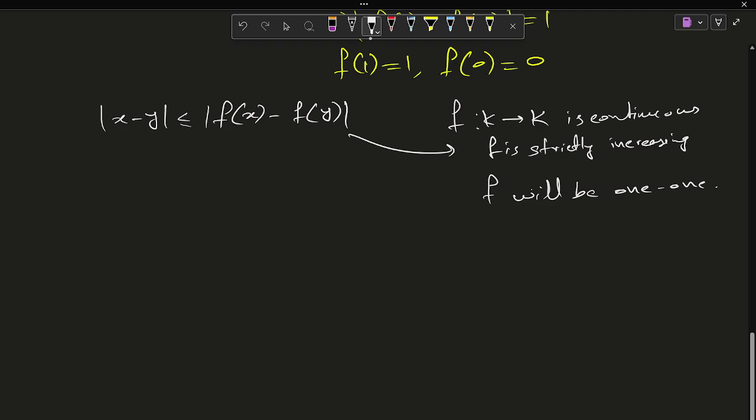So now the inverse, which means the inverse function, will exist. That can be written as f inverse from f(K) going to K. So now from this condition we will get what?